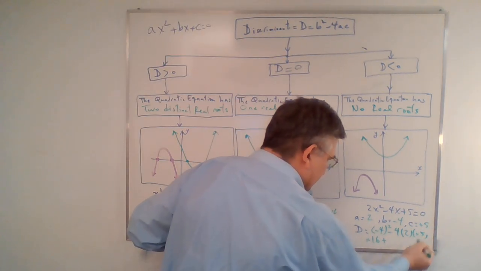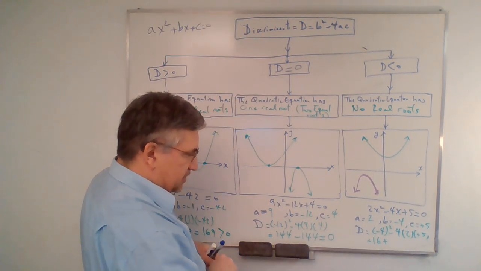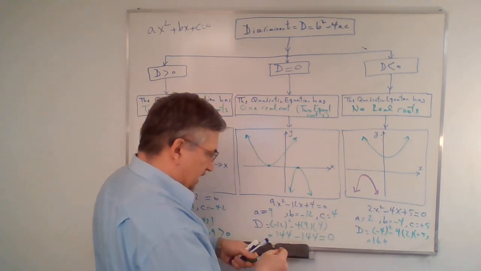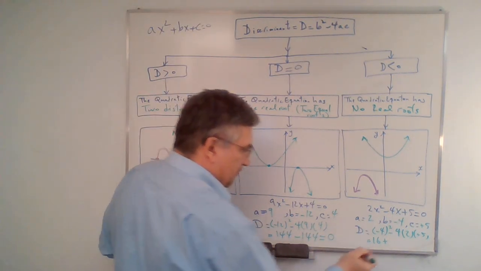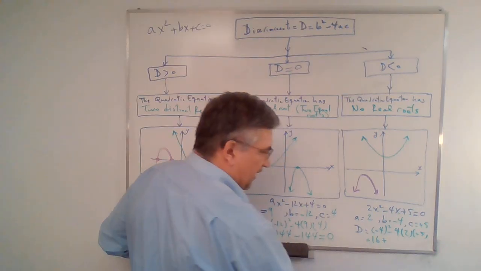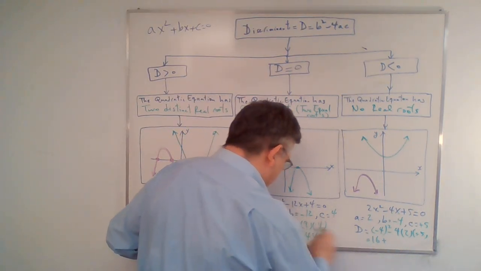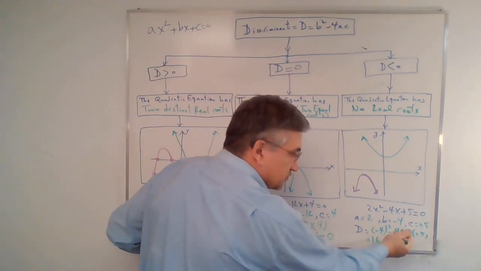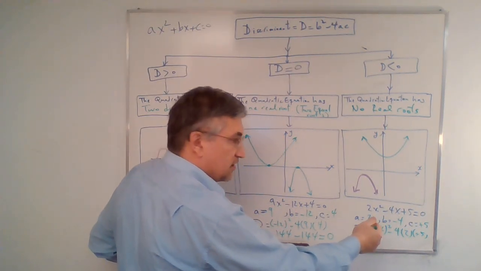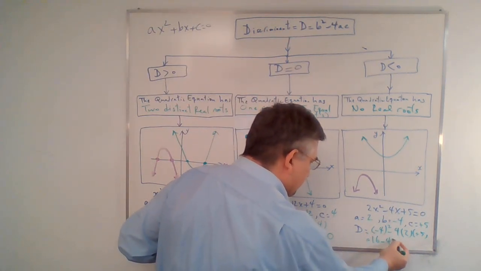So now this is positive. And now when I calculate b squared minus 4ac, I end up with 16, which is negative 4 all squared, and then minus 4 times 2 times 5. So that's minus actually 40, because 4 times 2 is 8, 5 times 8 is 40. So minus 40.